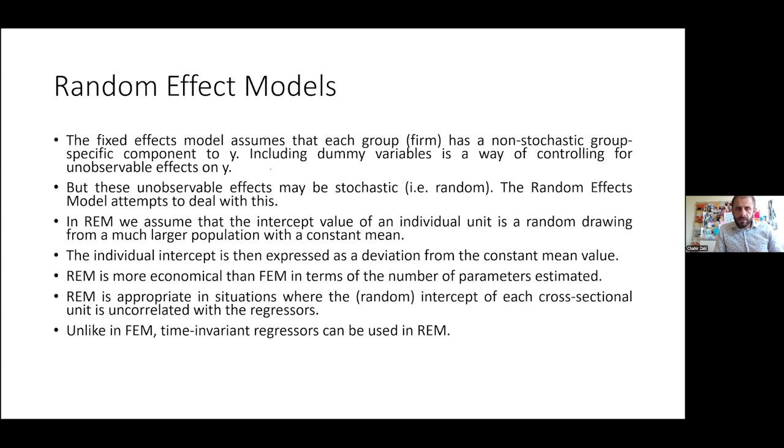So in this case, the idea is that in the random effects model, I'm going to have a value for the intercept of the individual unit that follows a random drawing from a larger population.